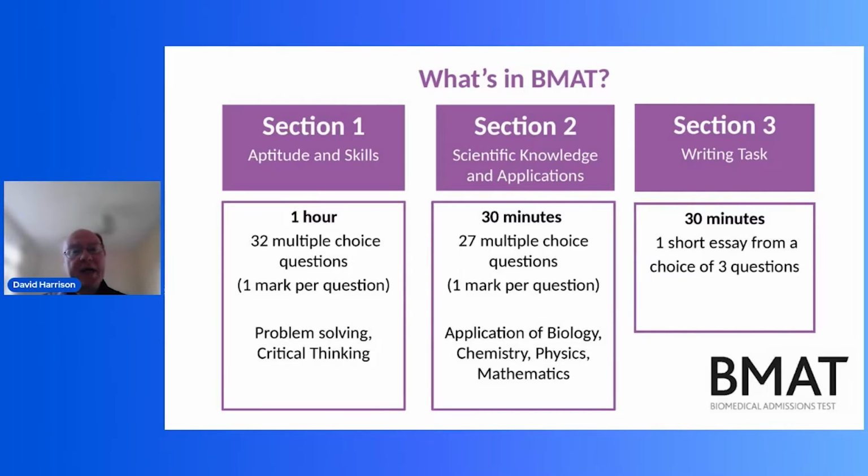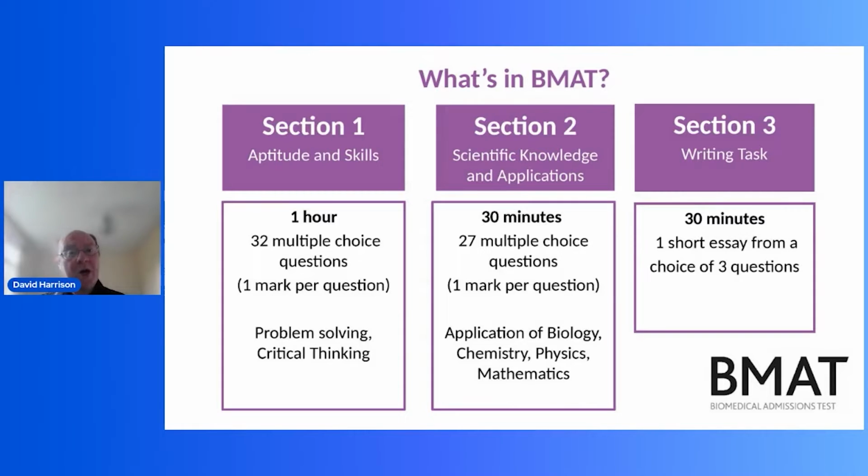Section 2 is what we call the scientific knowledge and application paper. So this is a little bit more of a hectic pace, because you've got 30 minutes to answer 27 multiple choice questions. So that's just over 1 minute for each question.